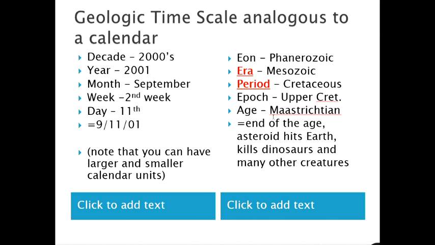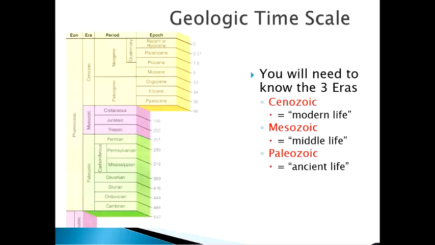I put in red eras and periods because that's the currency that we're going to use in this class. These next few slides in this PowerPoint talk about the specific terms you need to know for an exam.